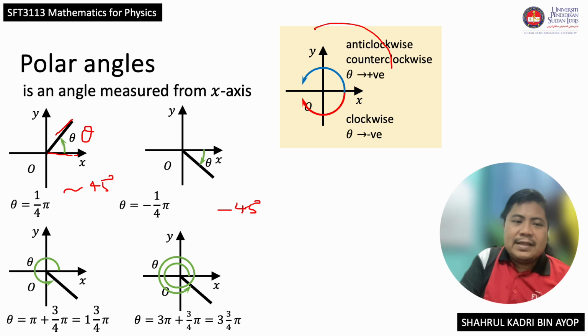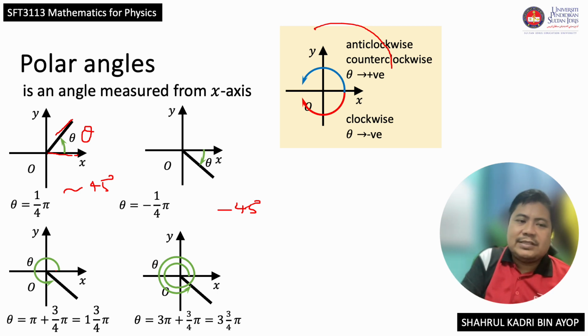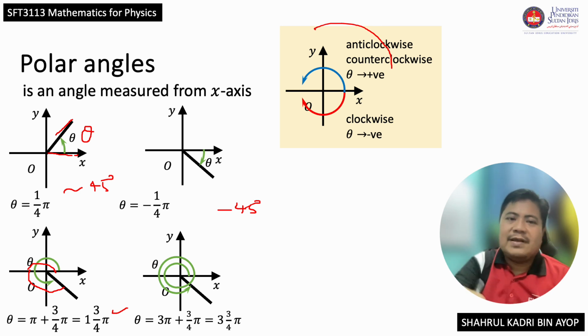For example, if you calculate from here, again this is positive, right? So in the counterclockwise position this is positive, so this is pi, this is half pi, and this is quarter pi. So you have 13/4 pi. Even if you go around multiple times in the counterclockwise direction, you have to use a positive number.